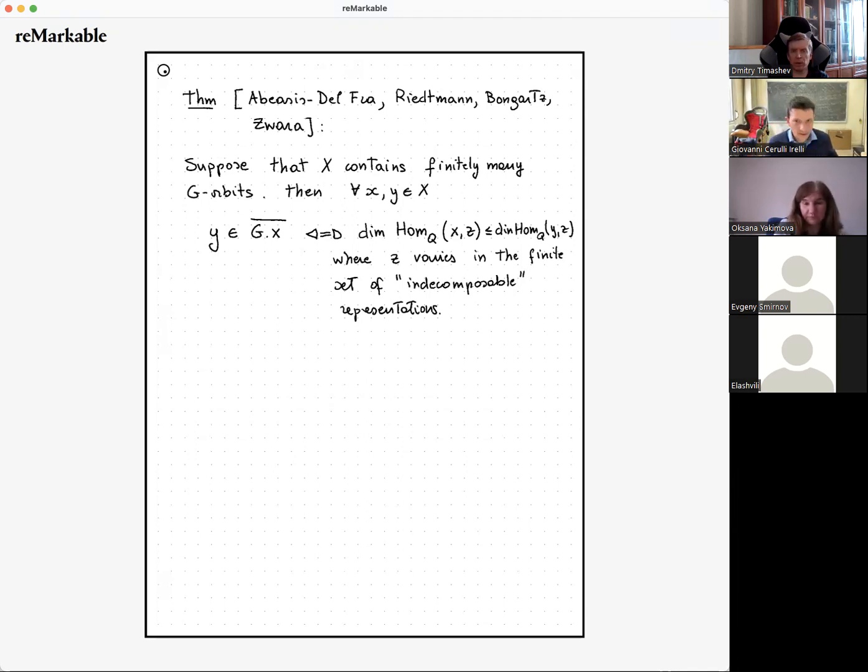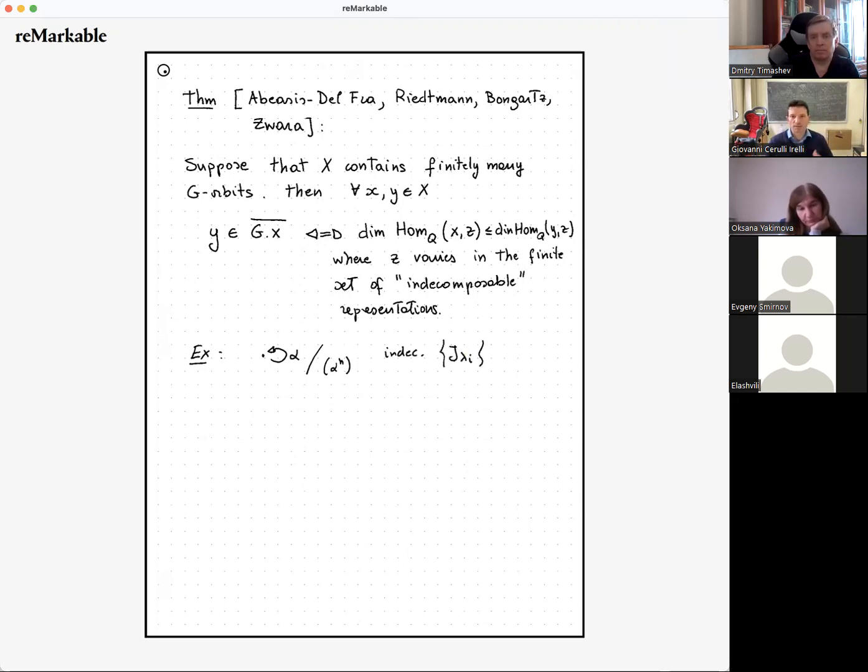When you speak about indecomposable representations, you mean representations of the quiver with relations. Exactly. Very good remark. Yes, of the quiver with relations. So, for example, if the quiver is this, with a nilpotence relation, then the indecomposables are just the Jordan blocks.